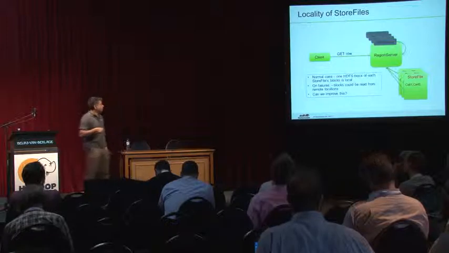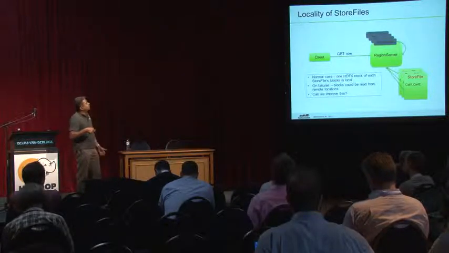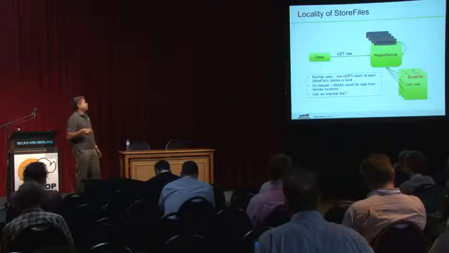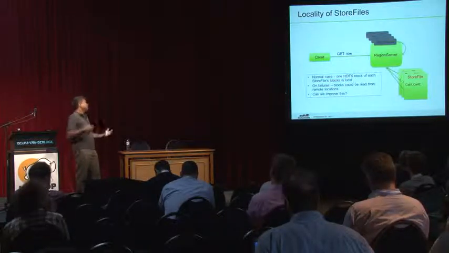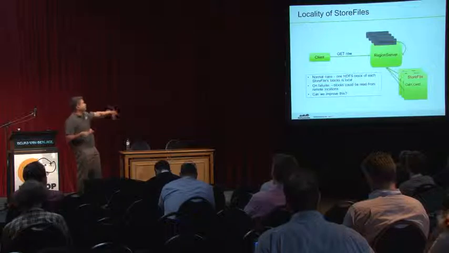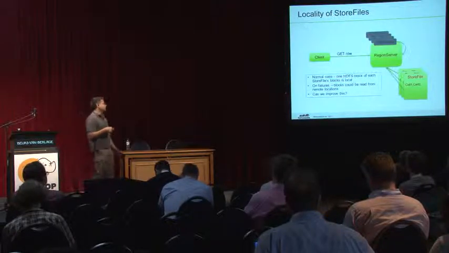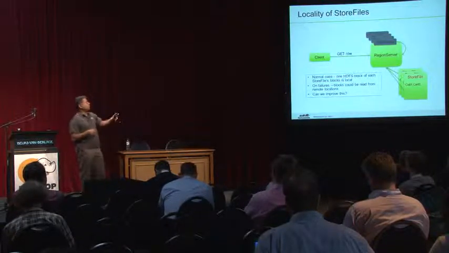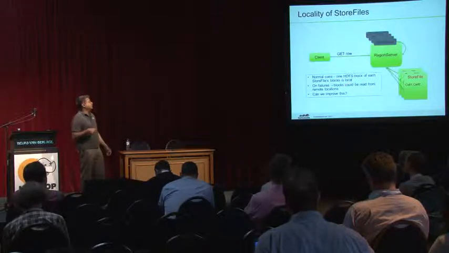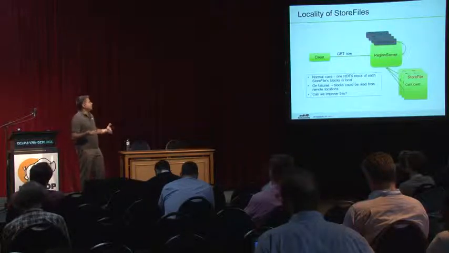But on failures, when this region server crashes for whatever reason, the blocks for the regions are read from remote locations, because the replicas could have gone to random servers in the cluster, and the newly assigned server doesn't have all those blocks local, right? So that introduces a lot of network reads and interferes with the whole recovery process as well.